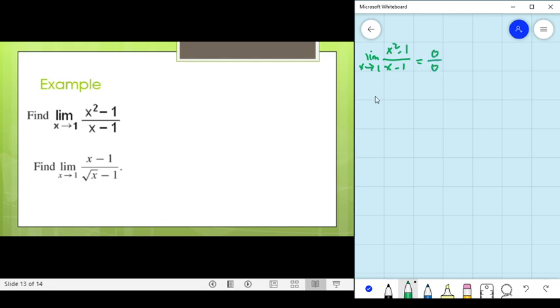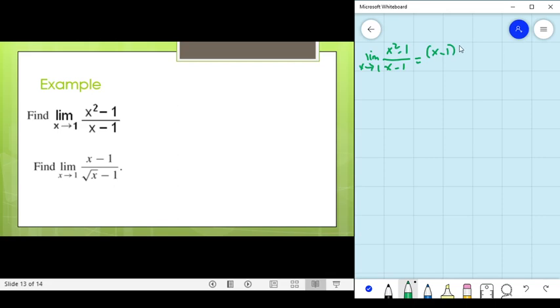So, tawag ani og indeterminate. So, if ato ning analyze, notice that ang denominator is a factor of the numerator. So that's why we need to factor out if it is factorable.